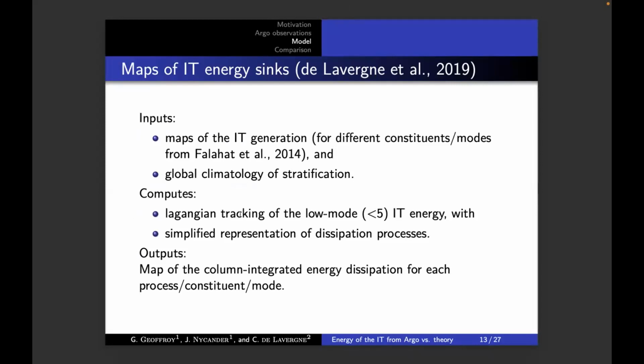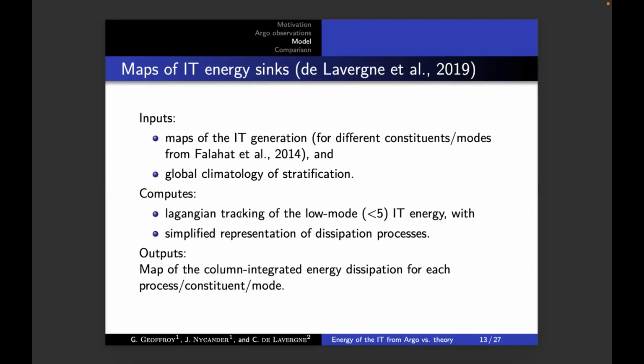What the model takes as inputs are global maps of the conversion rate, the barotropic to baroclinic conversion, which is computed analytically. It also takes as input global maps of the climatology to then compute the refraction of this energy flux as you propagate it.